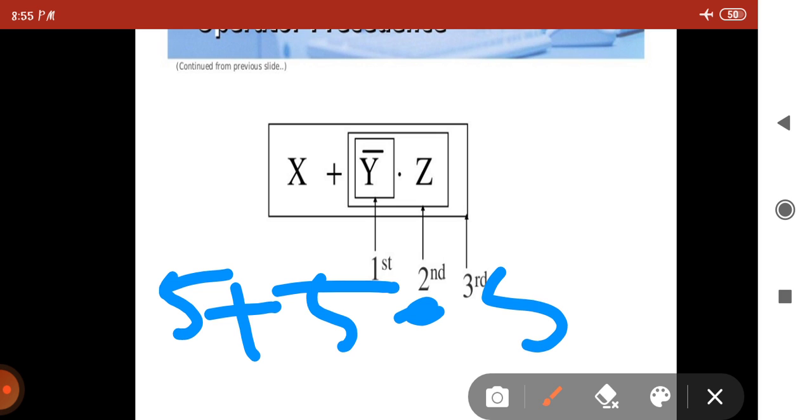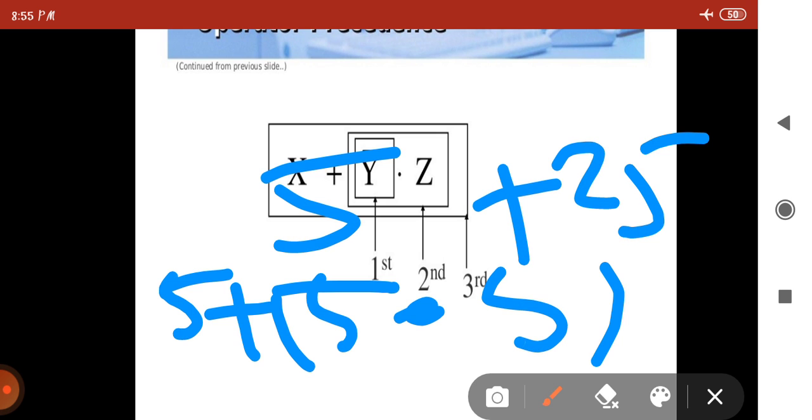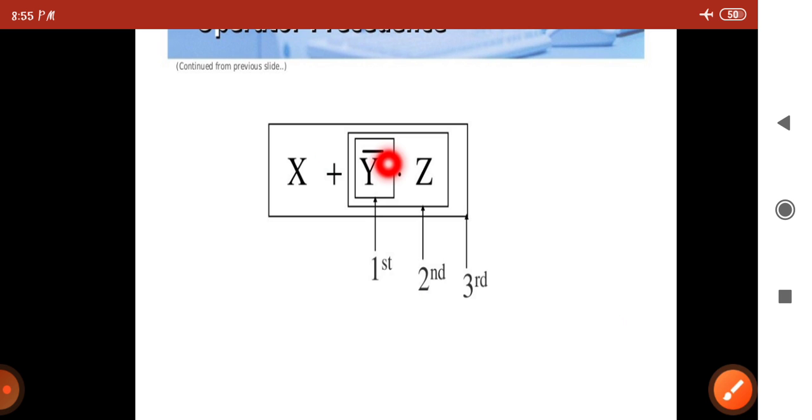Can we take it? First multiplication, by the BODMAS rule: 25 plus 5, it's 30. In the same way, in logical operations, NOT gate is the first precedence, then the AND gate, then the OR gate. That is the importance we can give.